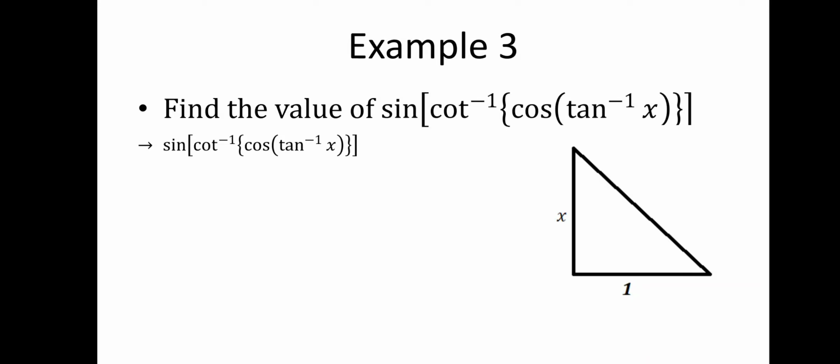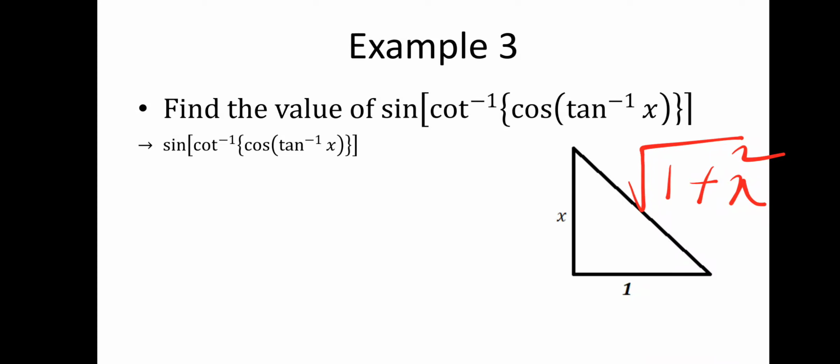This is something I can always imagine. So now if I can imagine this, then I can find the hypotenuse. So what will be my hypotenuse? Just apply your Pythagoras theorem. Your hypotenuse will become under root 1 plus x square.